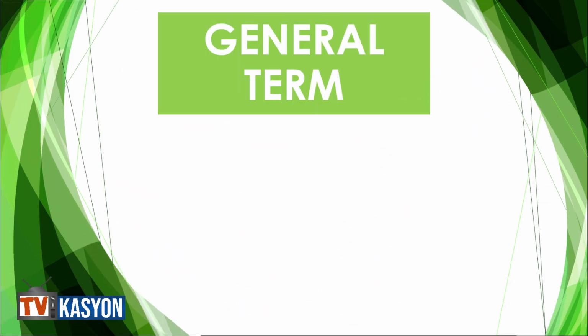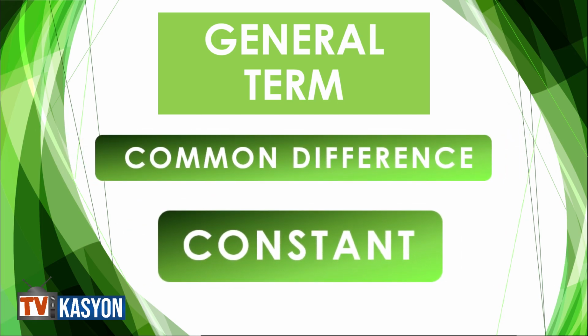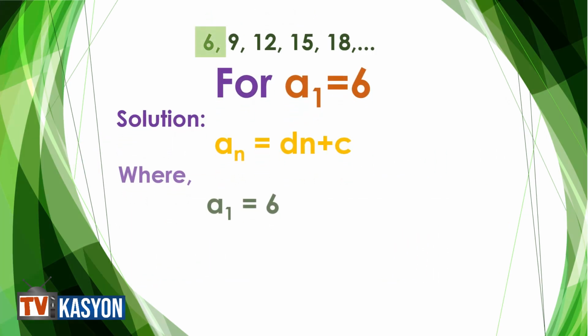To write the general term of this arithmetic sequence, I have to identify the values of the common difference and the constant. To easily do this, I will be using the first term as my reference. Doing so, I can substitute 1 to n.